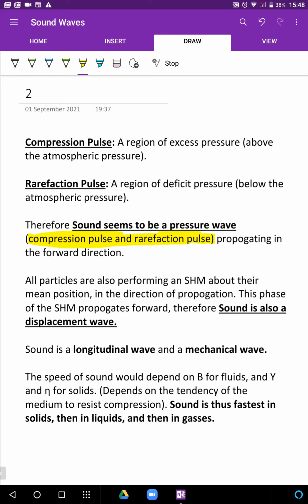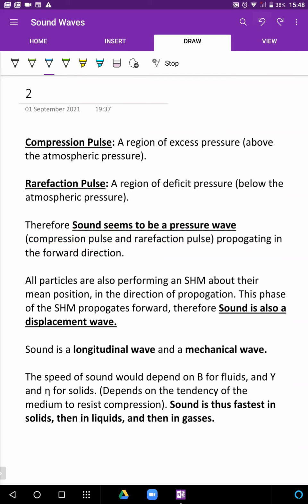There's a region of high pressure, low pressure, high pressure, low pressure. So therefore, sound seems to be a high pressure, low pressure kind of wave propagating in the forward direction. Just like when waves on a string propagate, you have a crest and a trough which keeps moving forward, here you have high pressure, low pressure, a compression and a rarefaction which keeps moving forward.